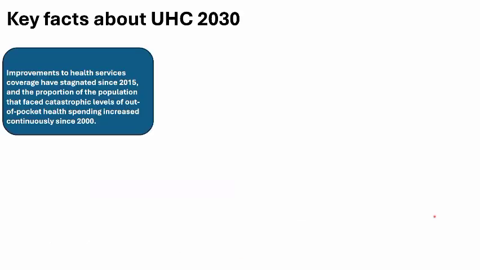Okay, so what are the key facts about universal health coverage 2030 so far? One of the things that I think is pretty interesting is that there has been improvement in health services. However, since 2015, these improvements have stagnated, and the proportion of the world population that has suffered out-of-pocket health spending has increased largely since 2020.